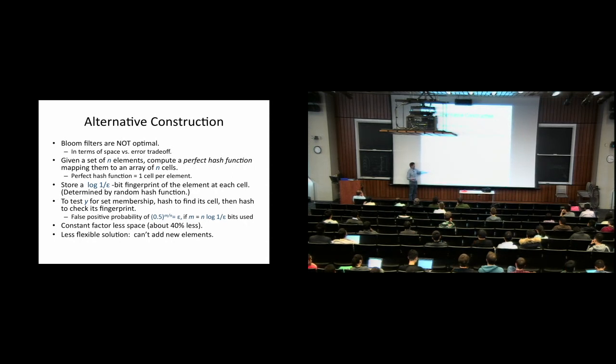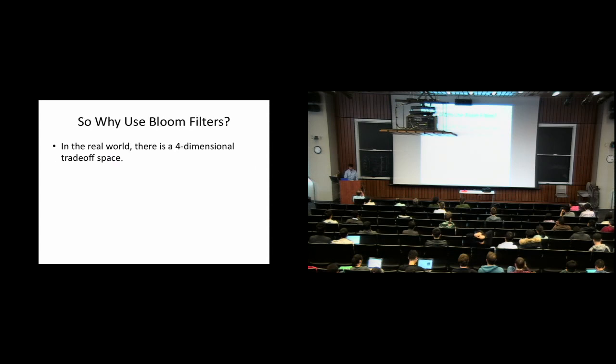For this solution, I couldn't quite do that, because if I wanted to add a new element, I'd have to come up with a brand new perfect hash function for the bigger set. But this alternative construction, or the idea behind it, will come back later in the talk. So that's why we're looking at it now.